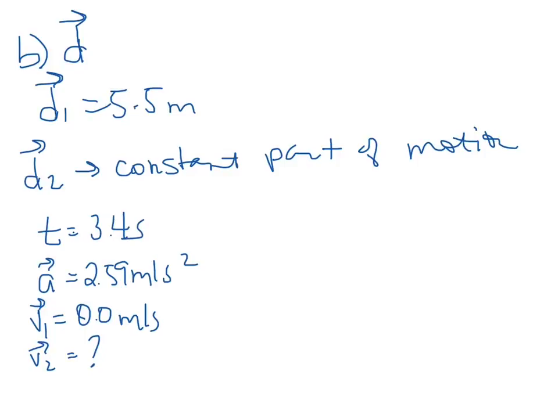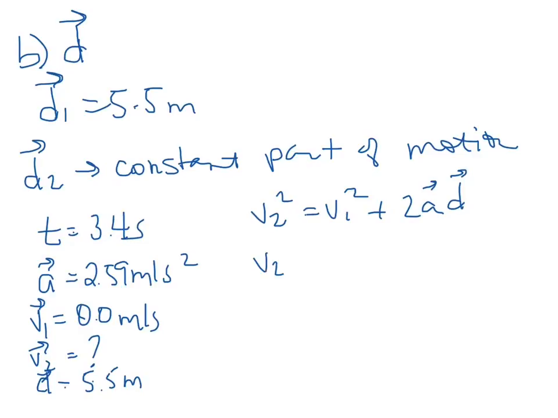So in order to do that, we're going to use that displacement because in that time, or just before that time, she's gone 5.5 meters. So the easiest equation to use is our V2 squared equals V1 squared plus 2AD.